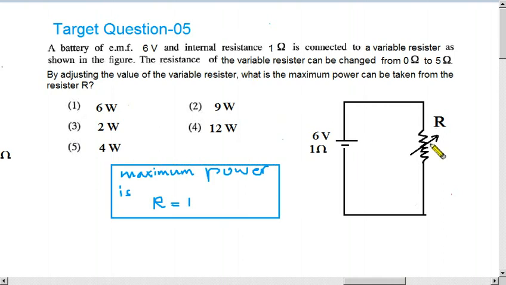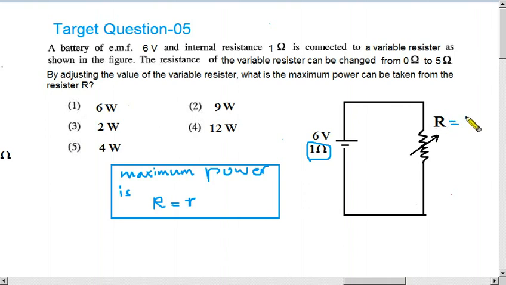Therefore they have not given the exact value, they have given only a range. So you can't take either 5 or 0. You should know this. The internal resistance of the cell is 1 ohm. Therefore you have to adjust this variable resistor until you get the value 1 ohm here.